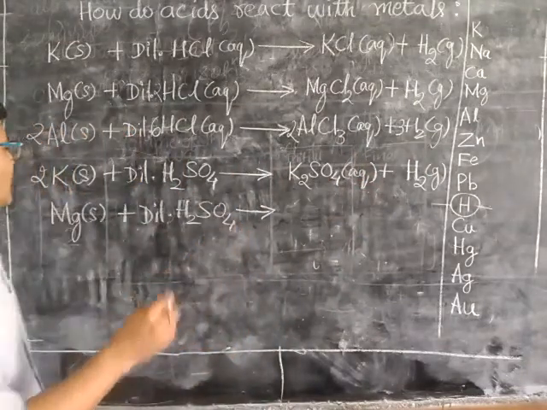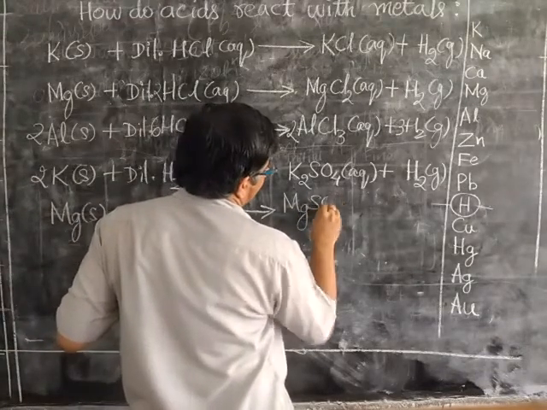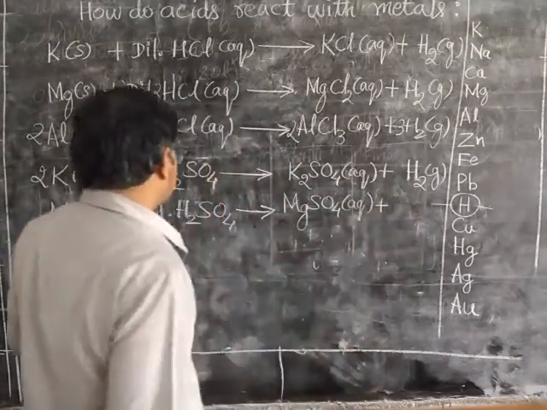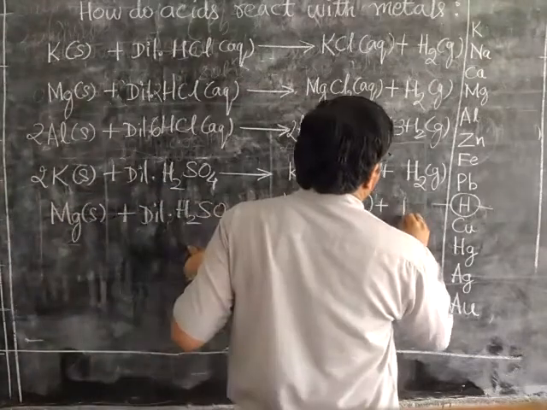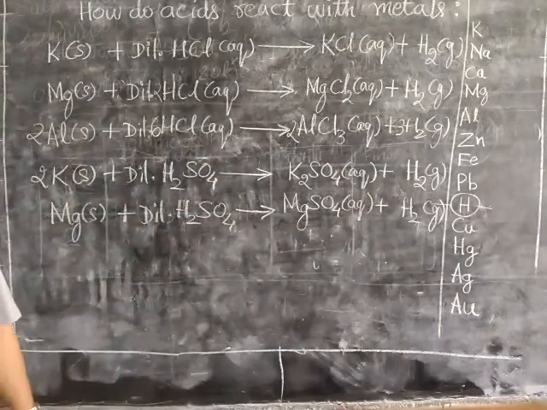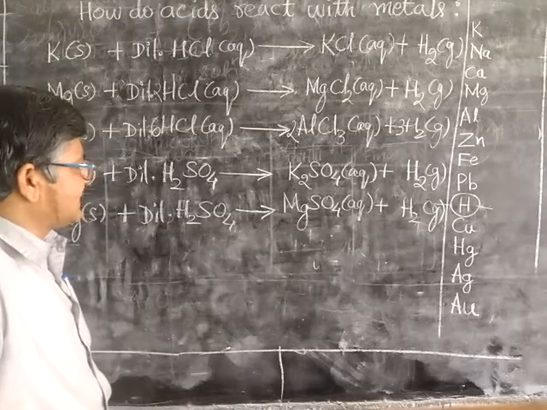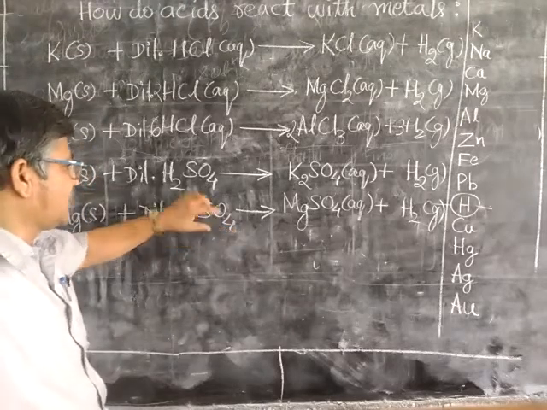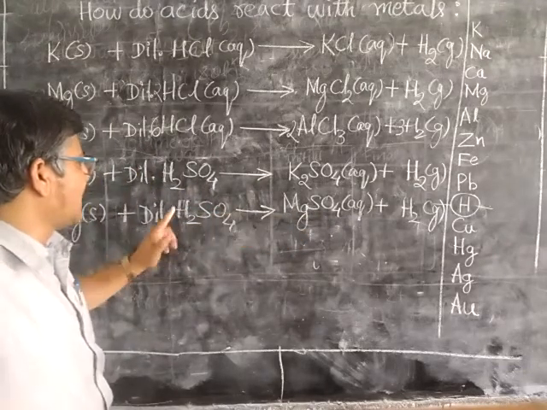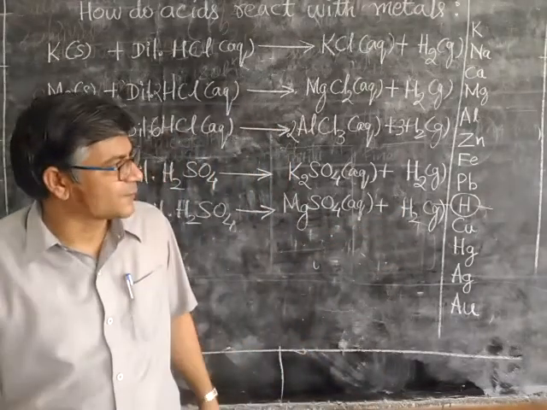So the product formed will be MgSO4, magnesium sulfate, aqueous solution, and then how many hydrogen? 2 hydrogen. Hydrogen gas is given out. And is this chemical equation balanced? Yes, it is balanced. We have 1 sulfate ion, 1 magnesium, 2 hydrogen, 2 hydrogen. So this is a balanced equation.